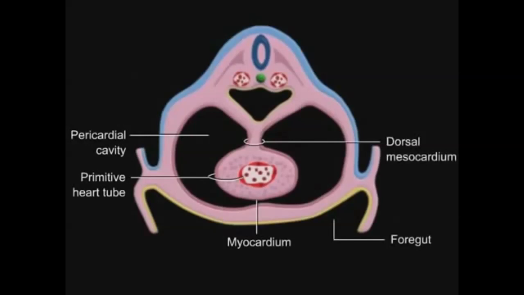So there are 2 dorsal aortas in this period. This is a narrow tube, and this is a somite. The somite is a paired structure, that's why you can see right and left somites.